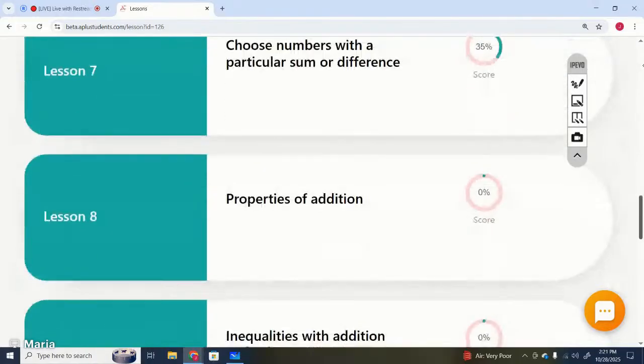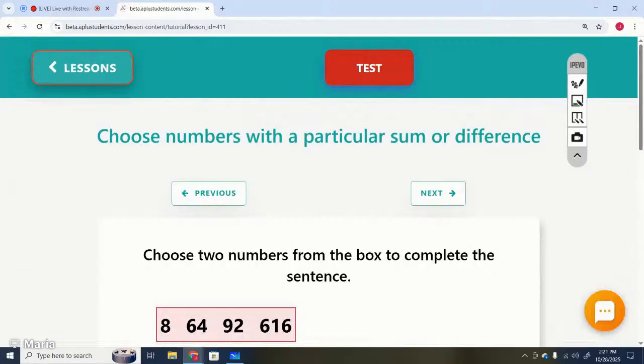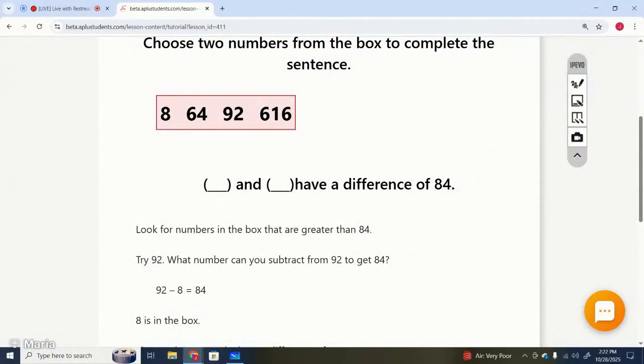The numbers with a particular sum or difference. Choose two numbers from the box to complete the sentence.